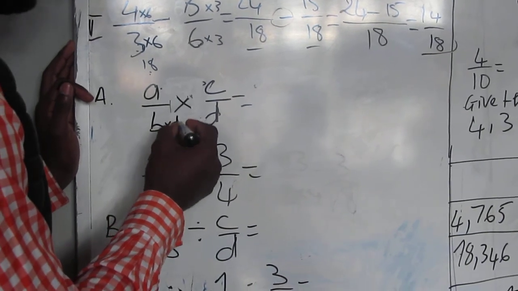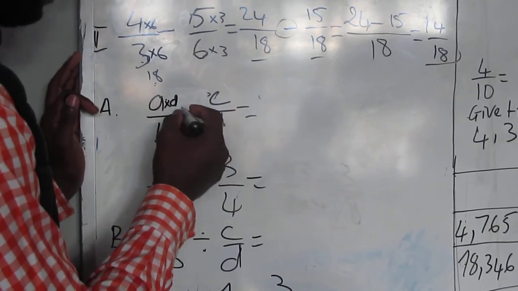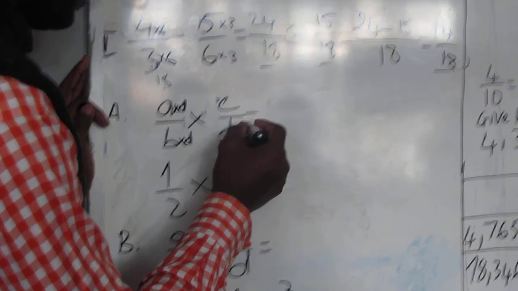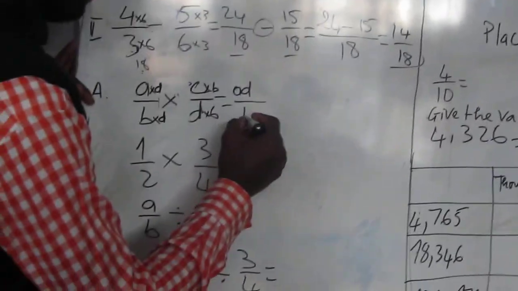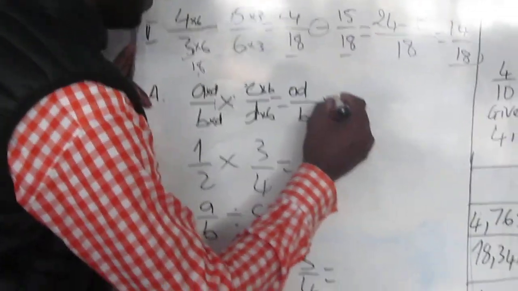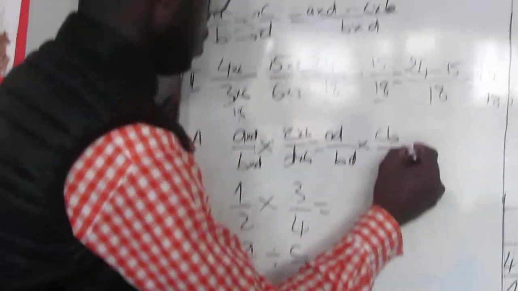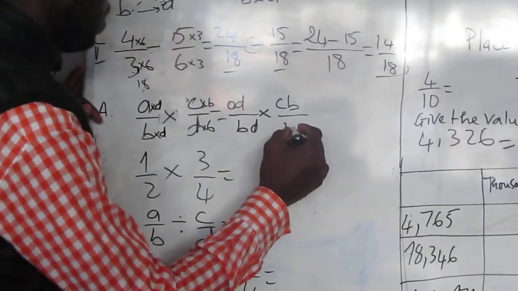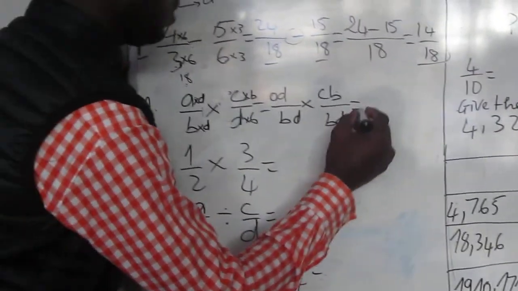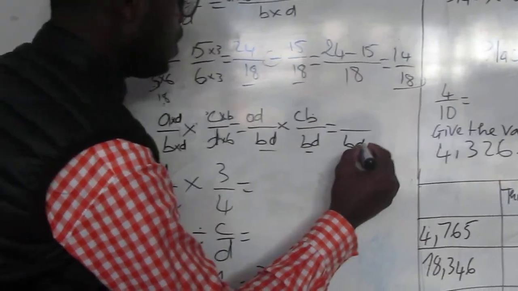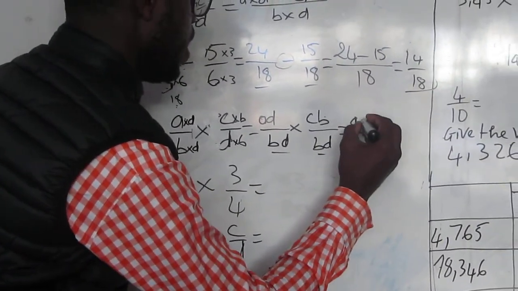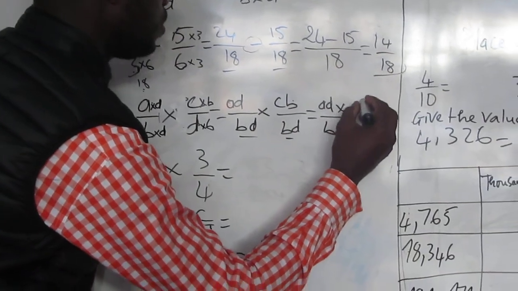I will multiply this one by D, multiply my numerator as well by D, and here I will multiply by B, and this one also by B. So here I get AD over BD times CB over BD. As my denominators are common, I just keep my denominator BD over AD times CB.